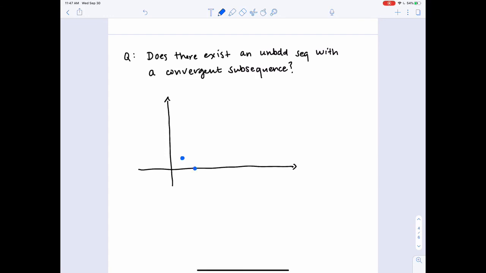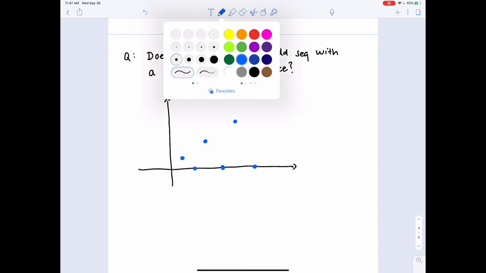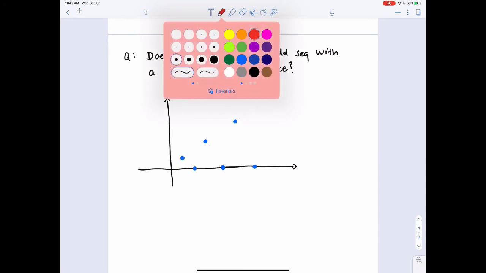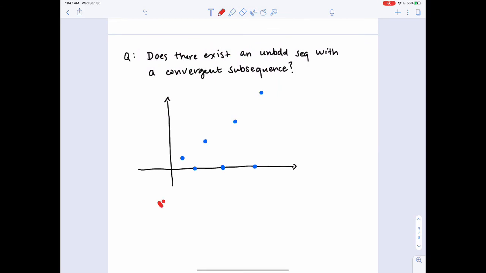Then you pick your third term and you increase, and then you come back down to 0, and then you go back up, and then come back down to 0, and go back up. So what I'm doing here is shuffling together a constant sequence and the sequence n. So the answer to this question is yes.